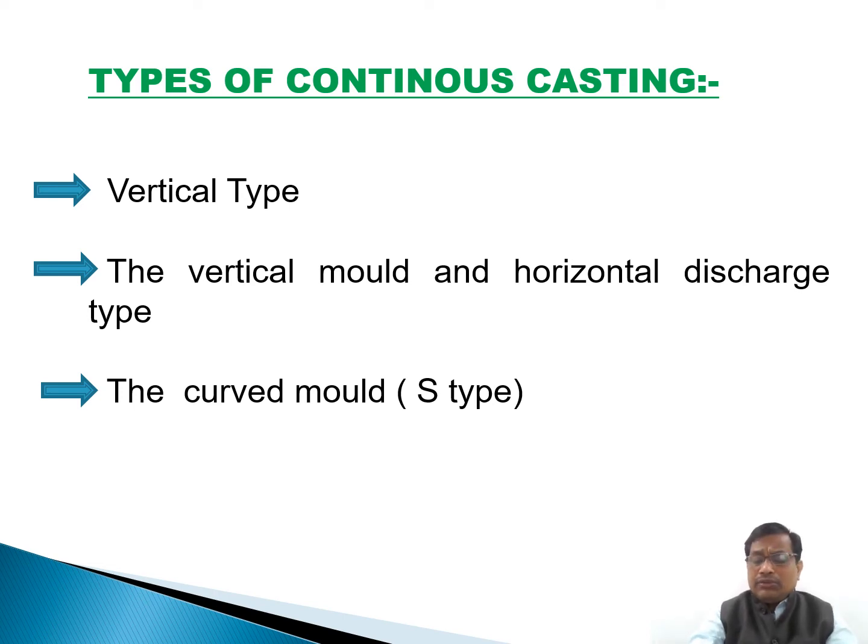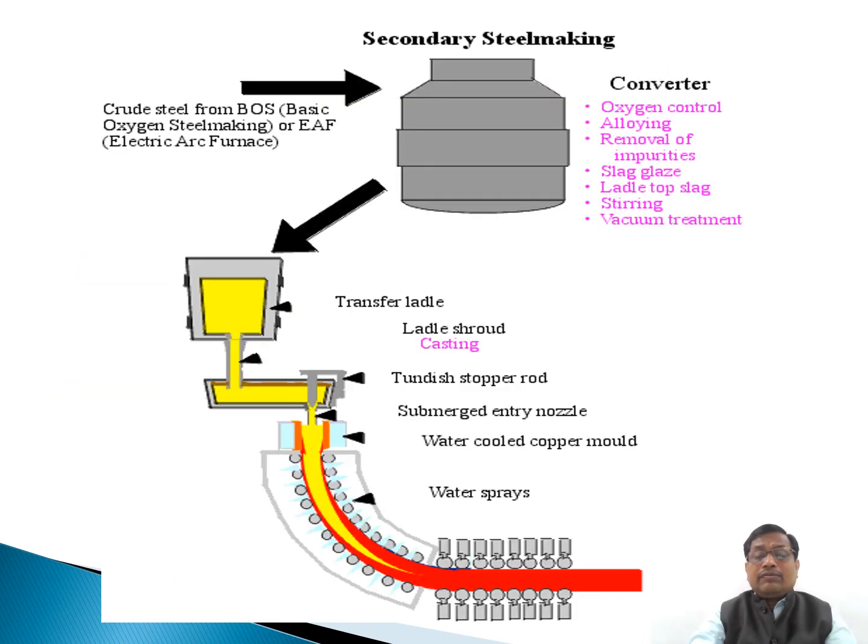I will show you in the next slide, that is the second type. The second type is the most vital. So this one is the second type. What we are doing here is, this is the transfer ladle. Here in a ladle we have put the molten steel, then it is transferred to the tundish.